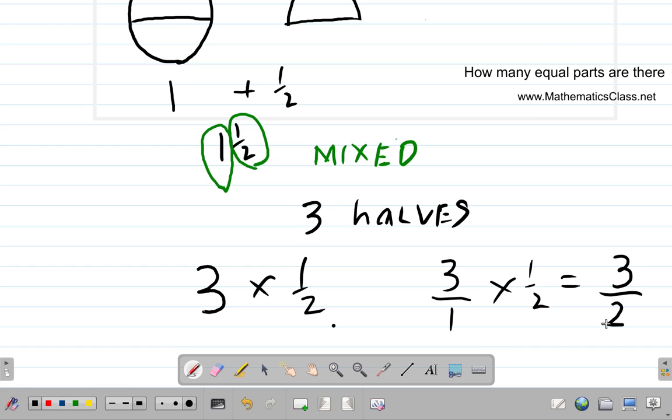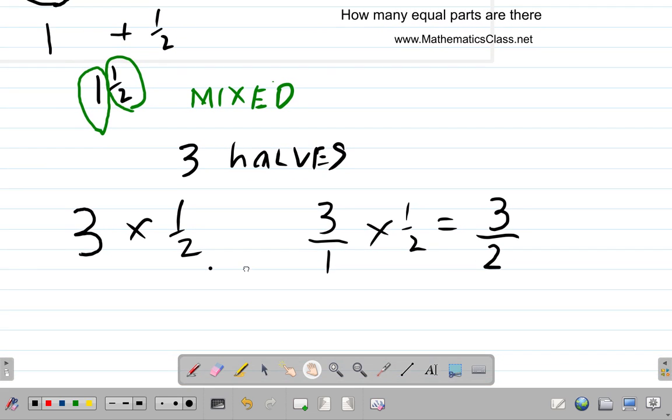Notice, in the proper fraction, the numerator was smaller than the denominator. But in this fraction, the numerator is bigger than the denominator. So this is not a proper fraction. What kind of fraction do you think this is? You'll be right if you say improper fraction.